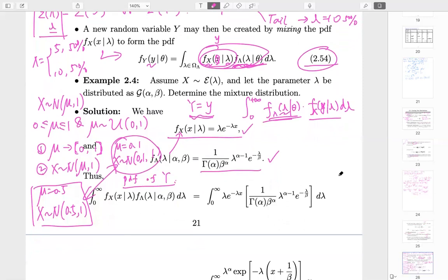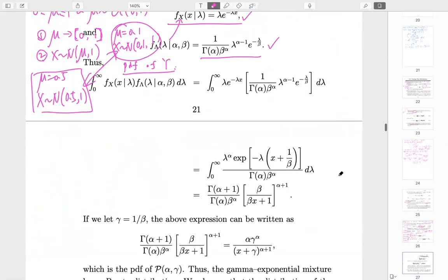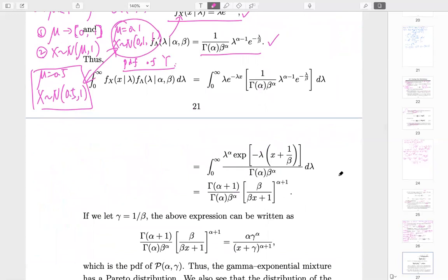Then it boils down to the computation, which I already did something similar. You have an exponential here, and an exponential here. You collect like terms, put them together, and think of this as a new thing. You can use something to replace them, and you will see what it is. Here, lambda is the variable.